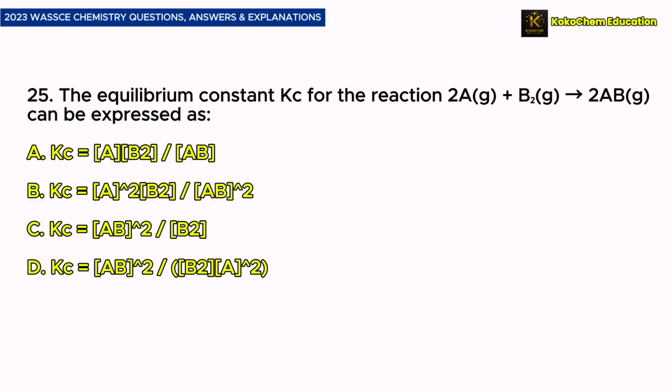B. Kc equals concentration of A squared times concentration of B2 divided by concentration of AB squared. C. Kc equals concentration of AB squared divided by concentration of B2. D. Kc equals concentration of AB squared divided by concentration of B2 times concentration of A squared.